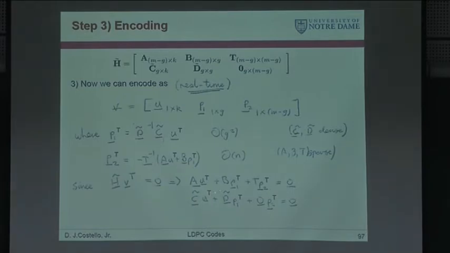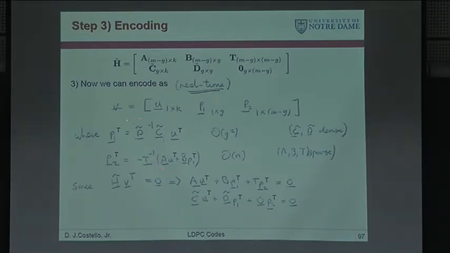Now, how do we do the encoding? Well, that's the reason we converted this to have a 0 in here: we can now use this equation to solve for P1. We just take D tilde inverse. The 0 drops out. We multiply by D tilde inverse, and we can solve for P1.